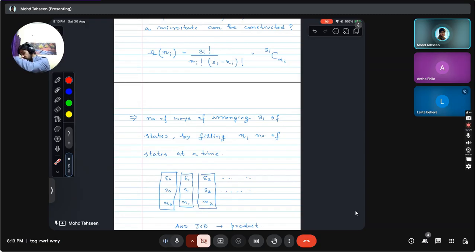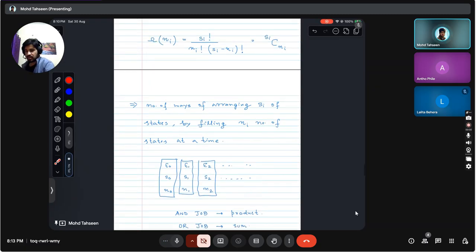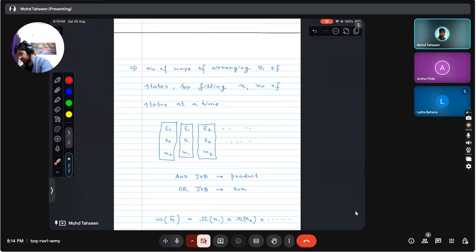So what I meant to say here is that, generally when we write nCr, that means the number of ways of arranging n particles if we select r particles at a time, right? But in this case the analogy will change, because now this n, the total number of objects you have, is the total number of states that you have at that energy level. Let me draw one.